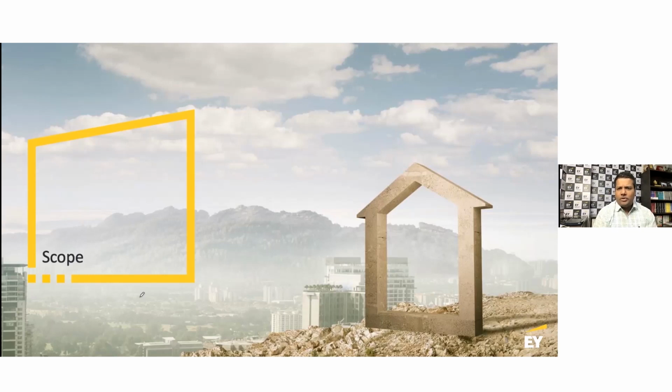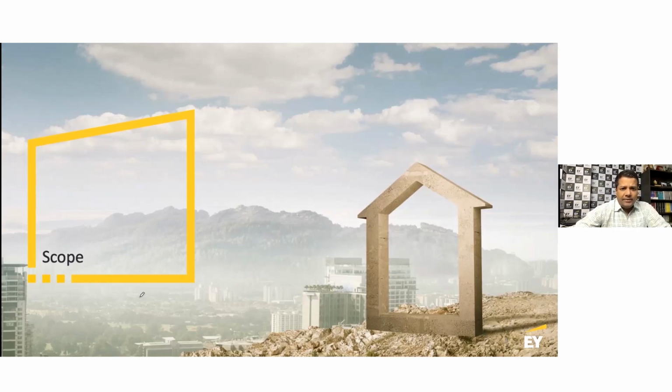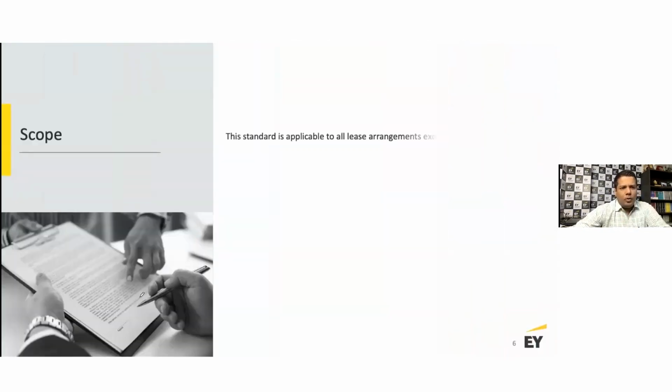So now we will talk about the scope. And the scope is fairly wide, right? So when we look at what type of arrangement this is applicable to, the standard is applicable to all lease arrangements, except, so what are the scope exceptions?